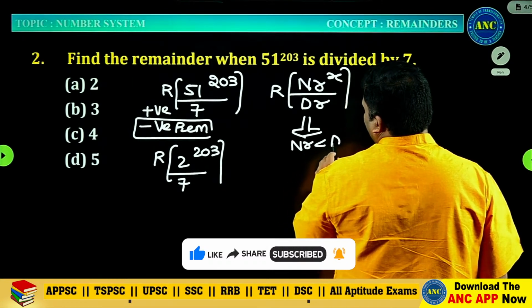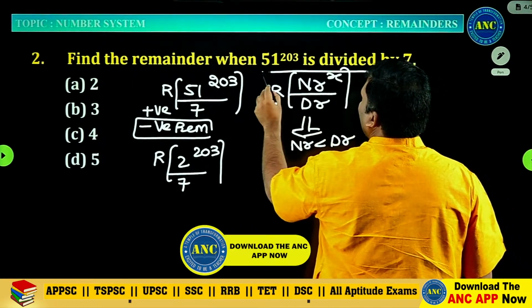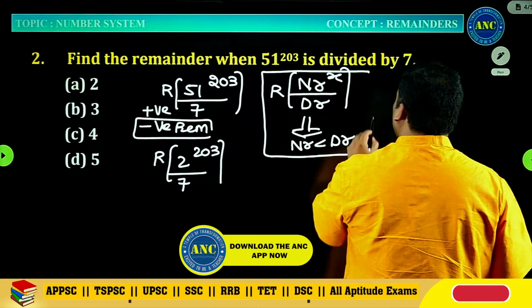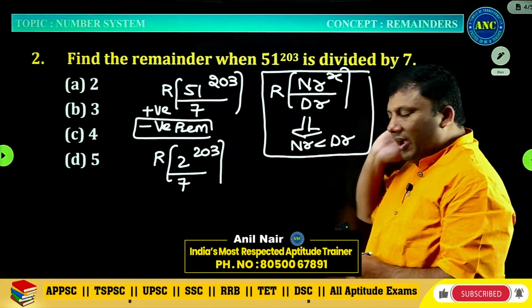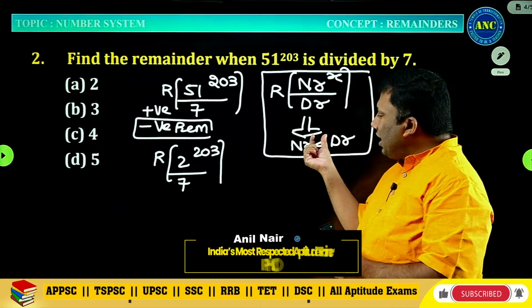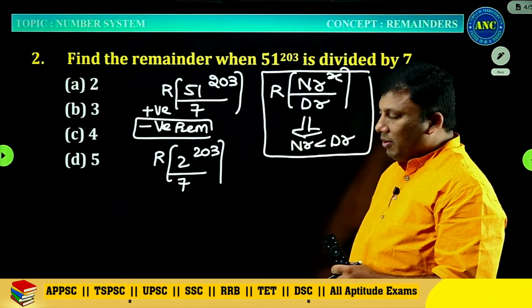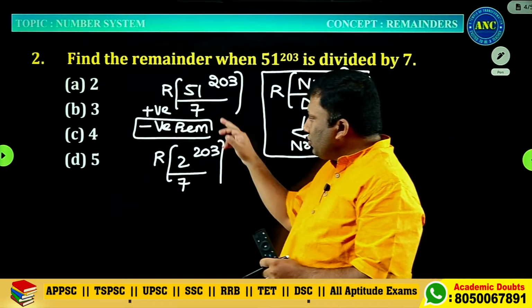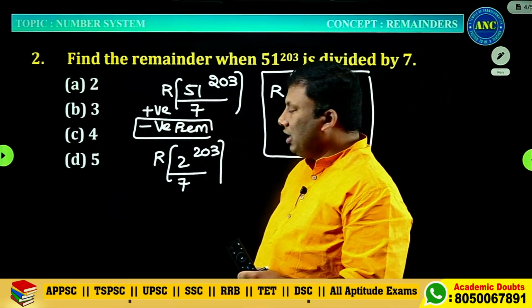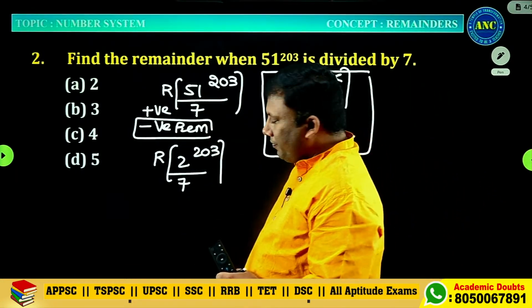This is the first important step while solving remainder problems. Make the numerator smaller than the denominator. 7 sevens are 49, remainder is 2.